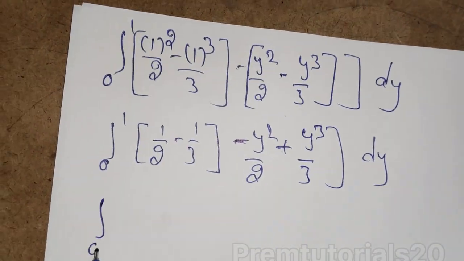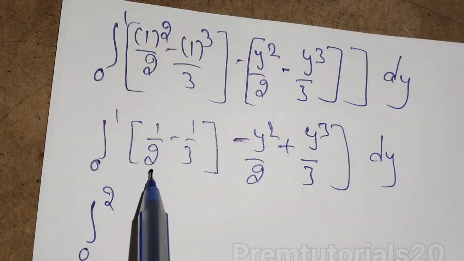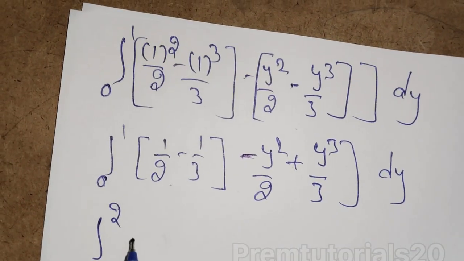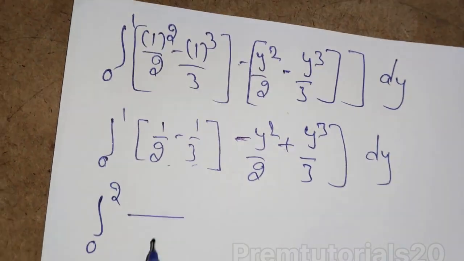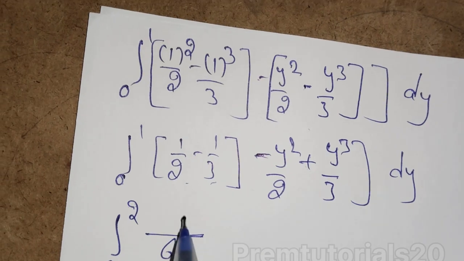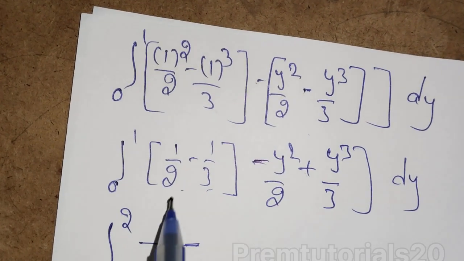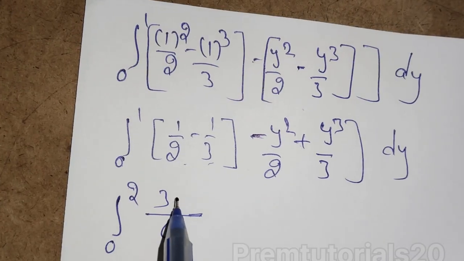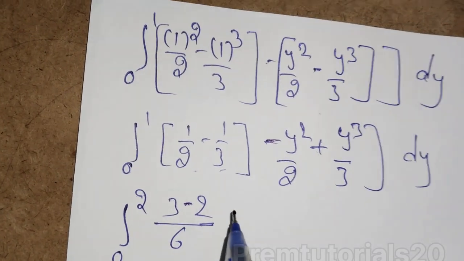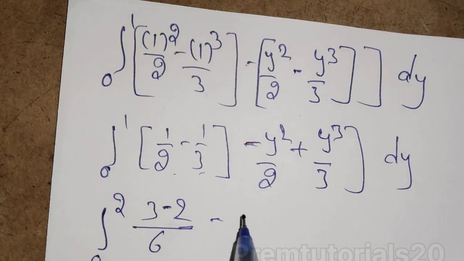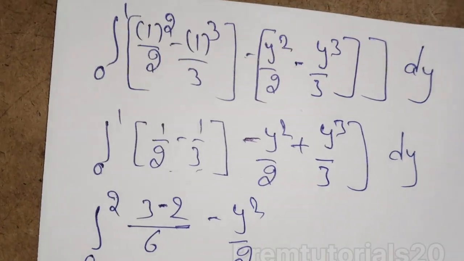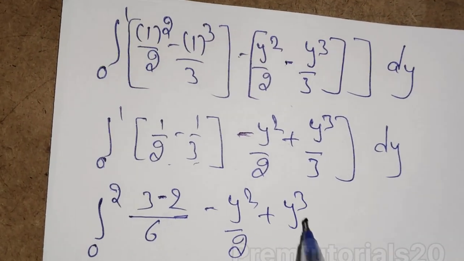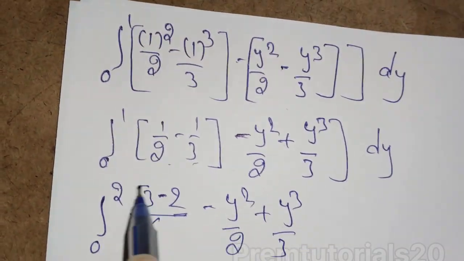Now, first of all, we are going to solve this one. What we get? 2 3s are 6. LCM becomes 6. How many times does it cancel with the 2 3s are? 2 3s are 6, 2 3 2s are 6. 3 minus 2 gives 1, minus y square by 2 plus y cube by 3 remains.